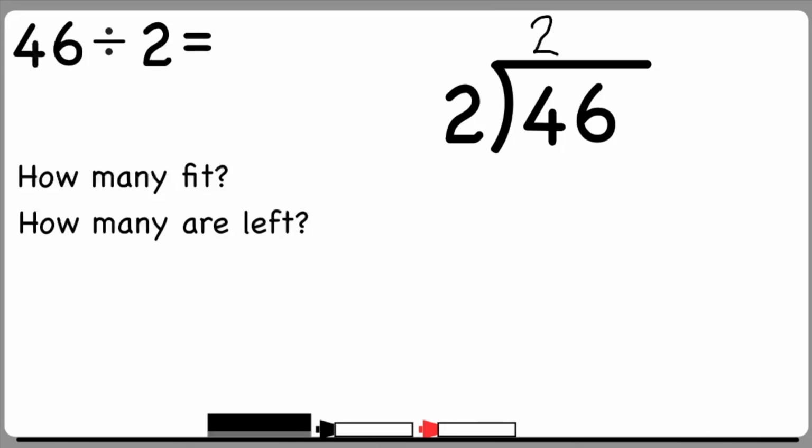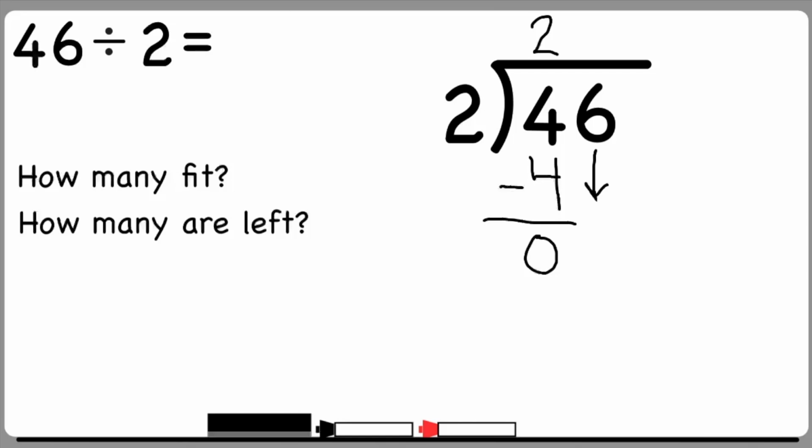In order to figure this out, we have to figure out how many two groups of 2 are by multiplying this by our divisor. 2 times 2 is 4, and we'll subtract to see how many are left. In this case, there are none left. I've used up all of my 4.